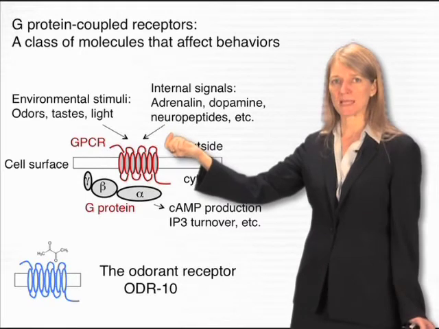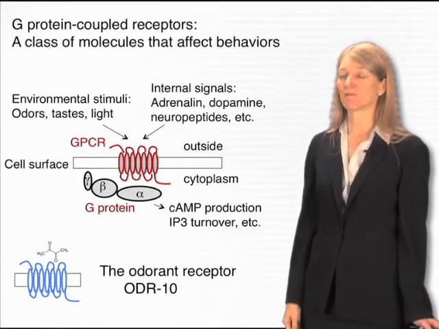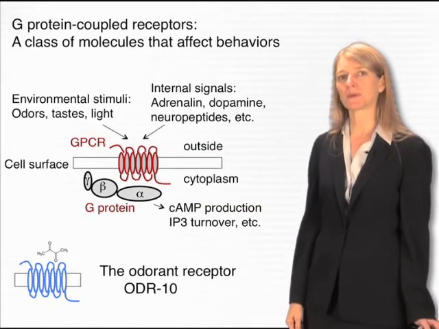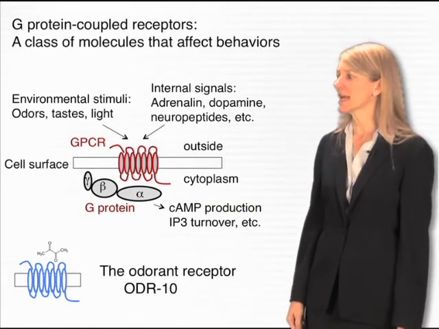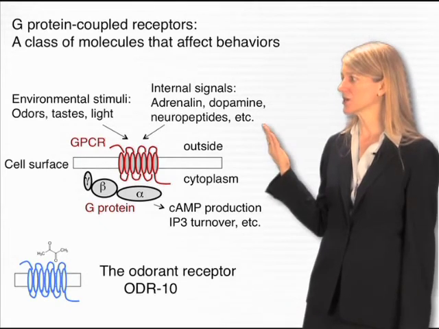In addition to their important role in detecting environmental stimuli, G-protein-coupled receptors inside the body detect signals that pass from one cell in the body to another cell in the body. These are internal signals.